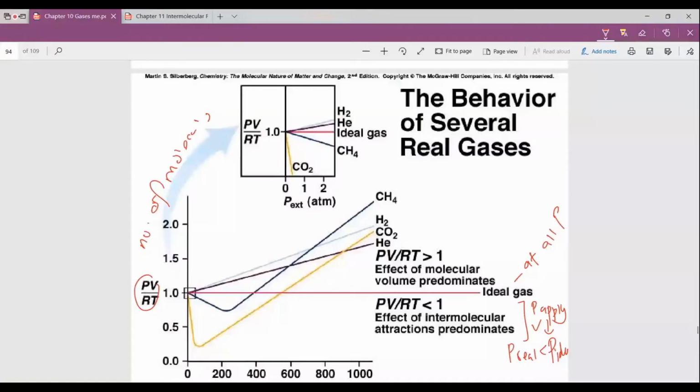At PV over RT greater than 1, we look at the effect of molecular volume and molecular weight of gases like CH4, H2, CO2, and He.